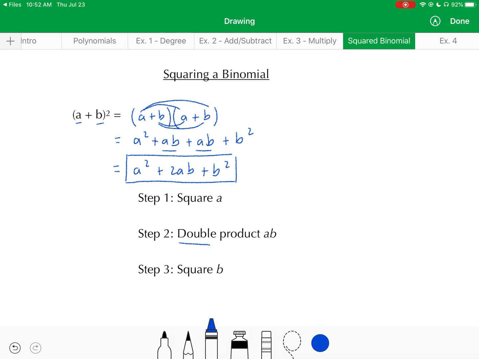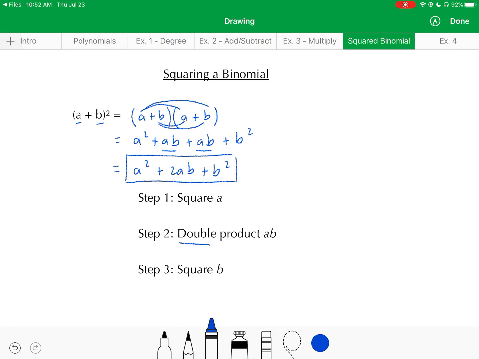So if you get used to this formula, it can make the squaring process a lot quicker. All right. And I want to stress this because squaring a binomial is just going to be a regular occurrence as we move forward throughout the rest of this chapter and beyond into the rest of this course and future courses, okay?